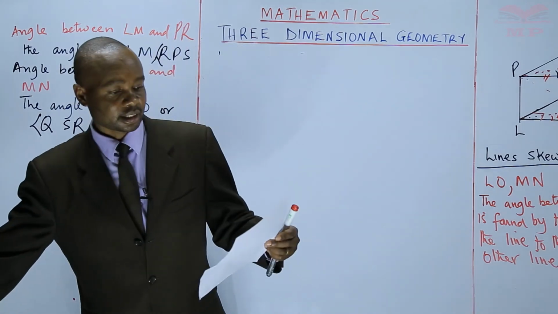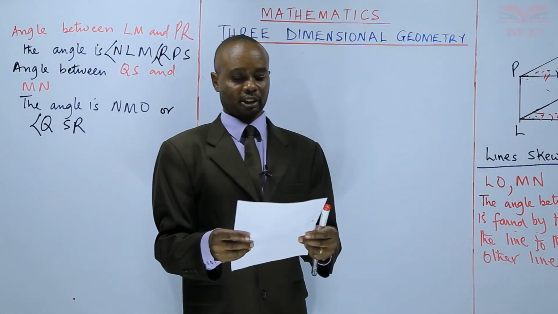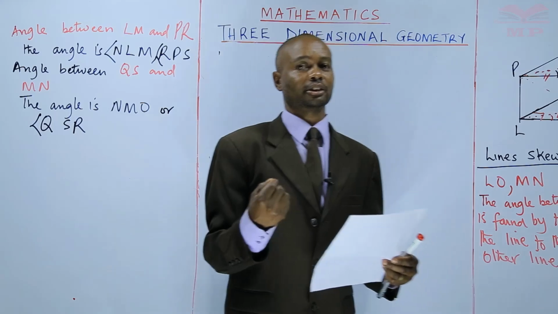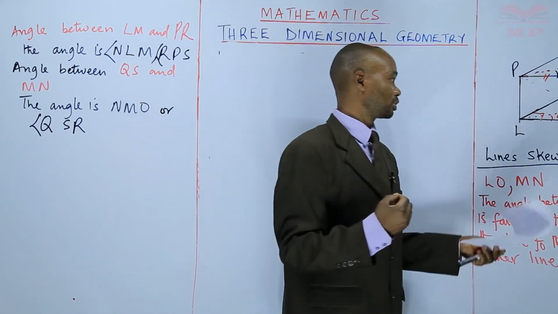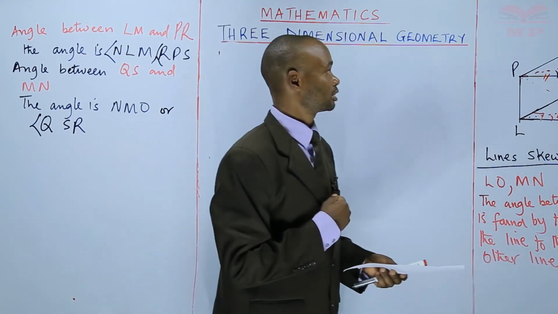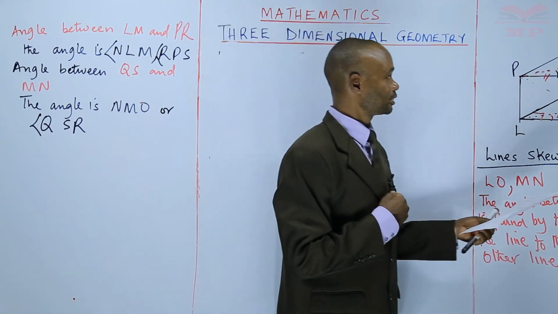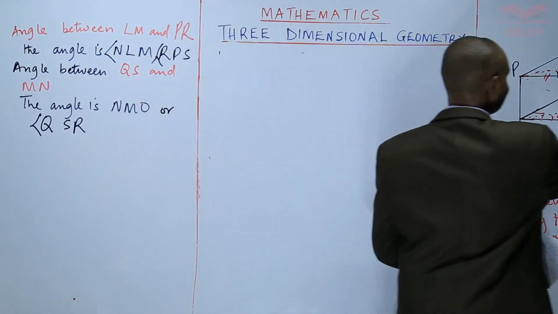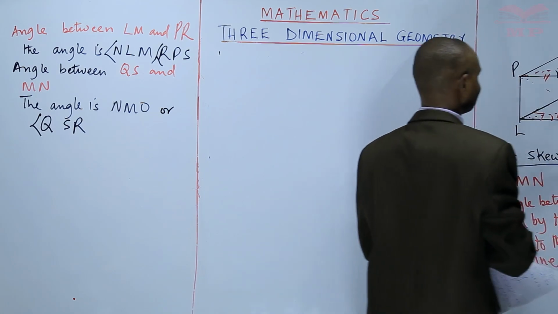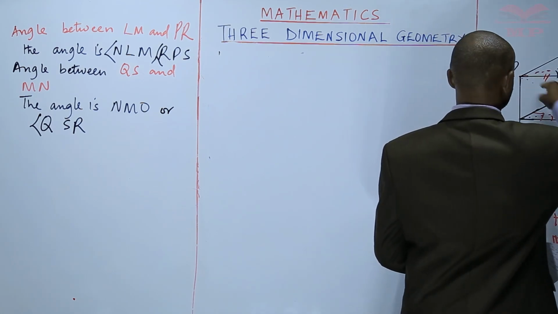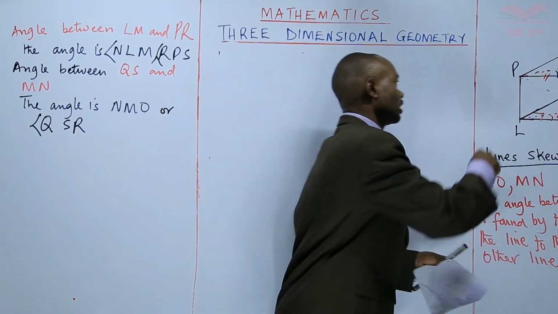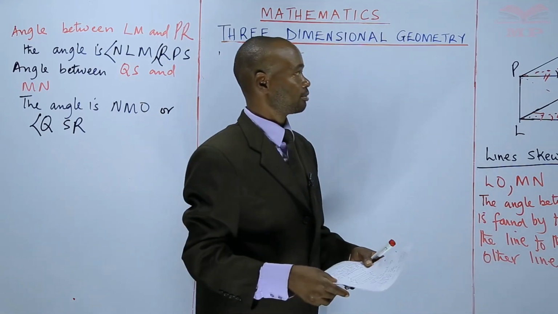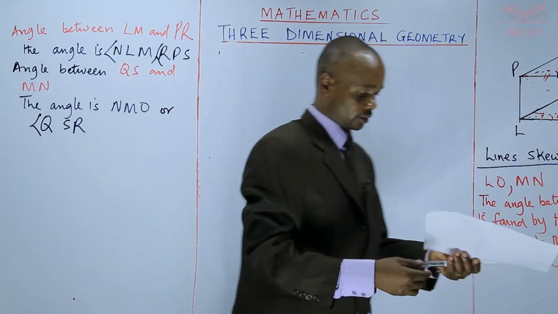I hope the learner has digested those principles about identifying skew lines. You'll find they are not parallel. This line will never be parallel to that one, so those will be referred to as skew lines.